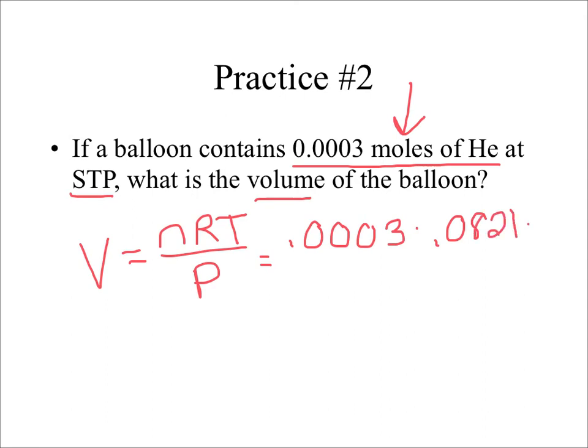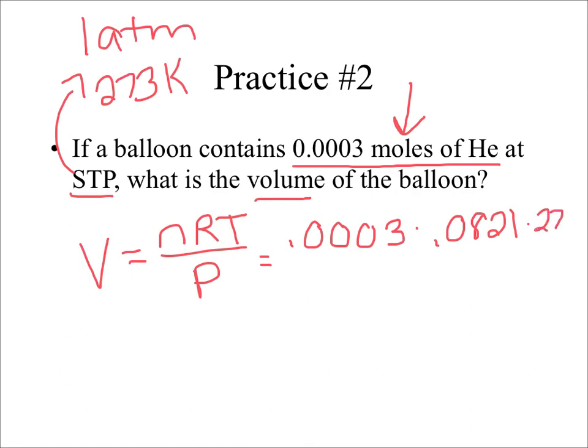R is a constant, 0.0821. Now it looks like we're missing a temperature, but we're really not. If you look at this little unit, STP, what does STP always tell us? 1 atm and 273 Kelvin. So I can come over here and fill in 273 for my temperature. Pressure, 1 atm.